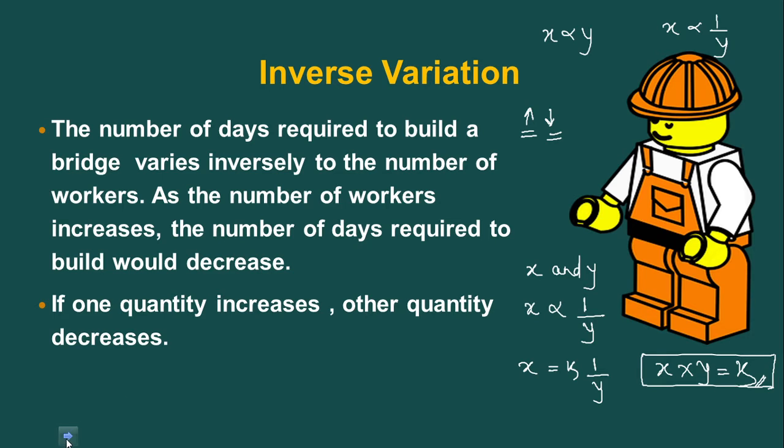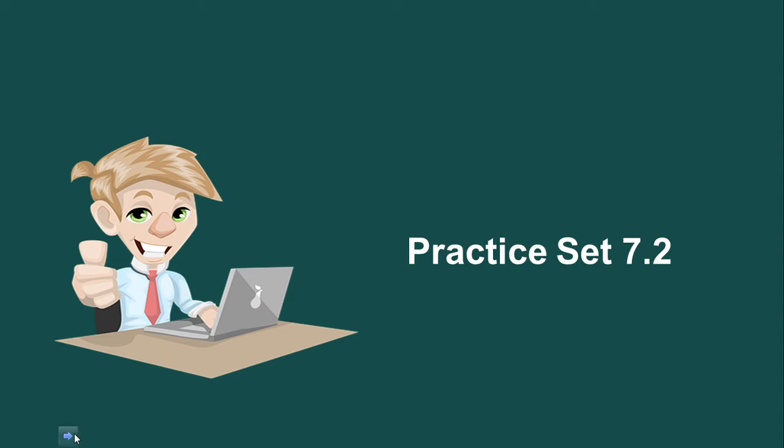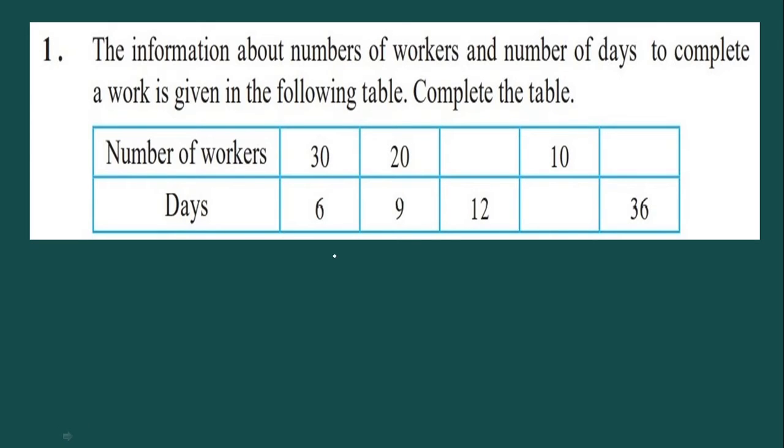Okay. Now let's start solving practice set 7.2 one by one. The first question: the information about the number of workers and the number of days to complete a work is given in the table. Complete the table. Now children, just now we saw, if the number of workers increases, the days required will decrease.